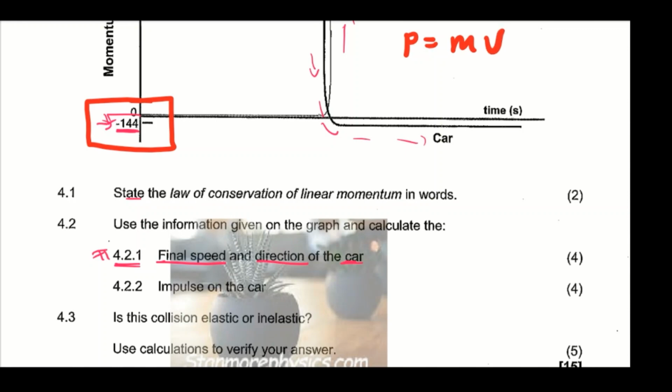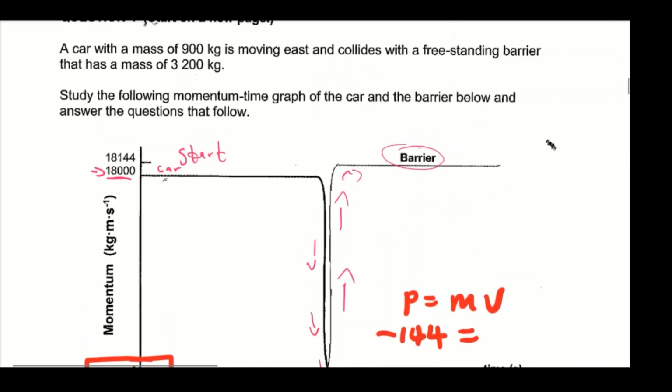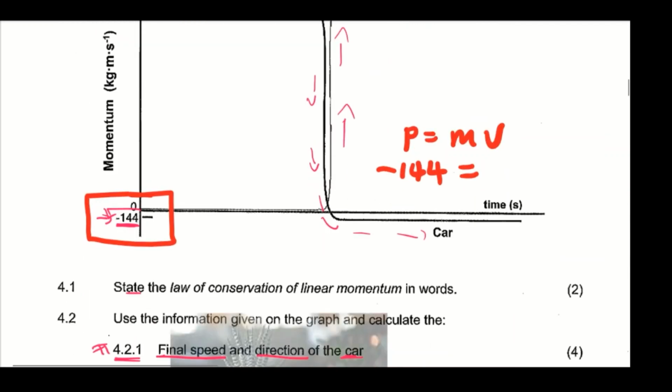The momentum is minus 144 equals, so the mass of the car is 900 kilograms, multiplied by V.